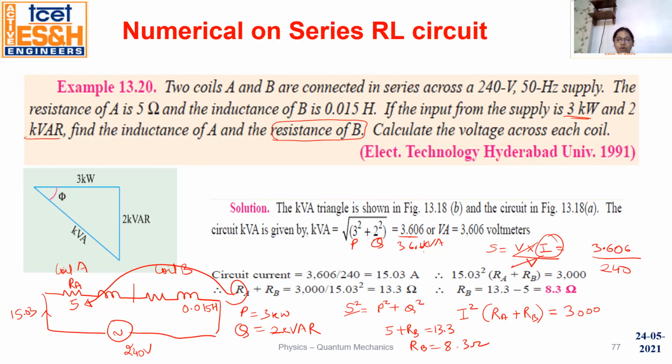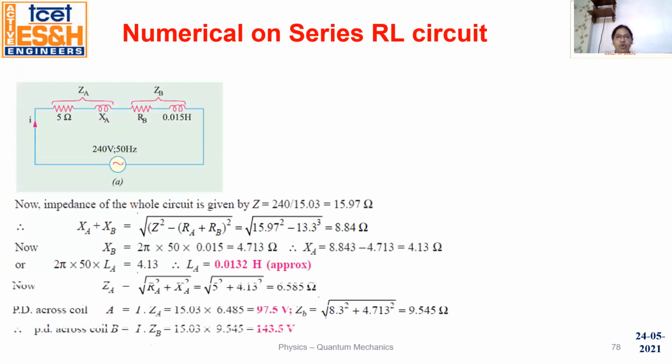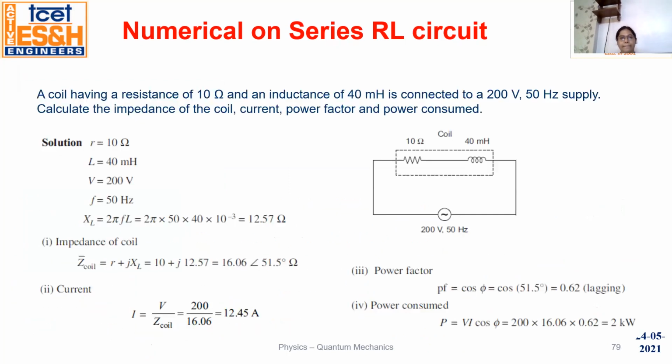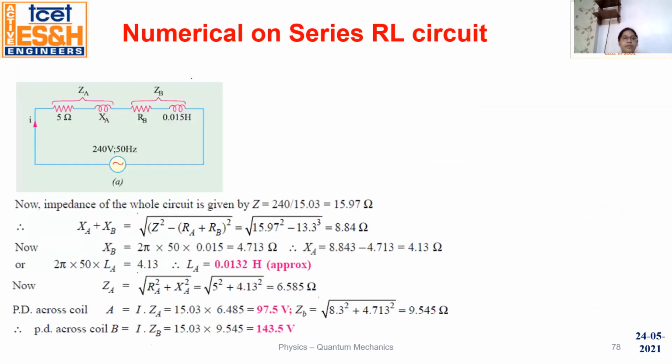Now we have to calculate the inductance of coil A. See now, XA plus XB. I have to write this formula like this.